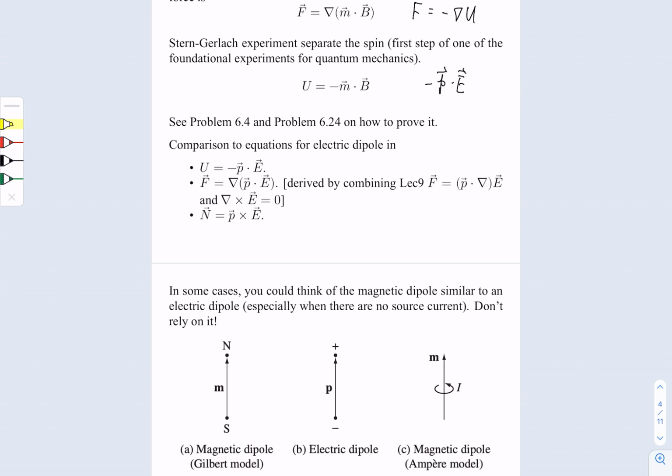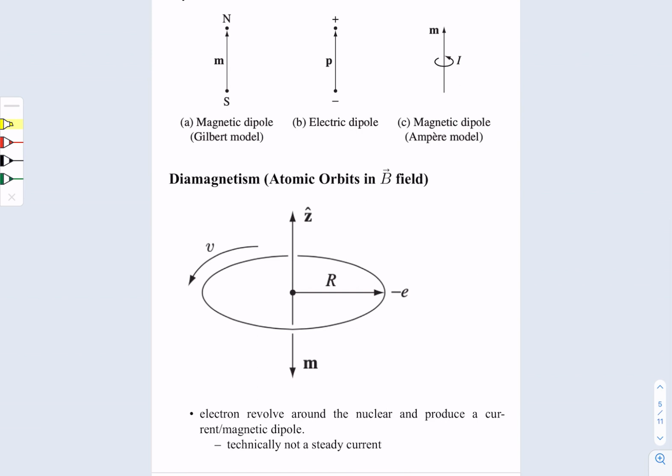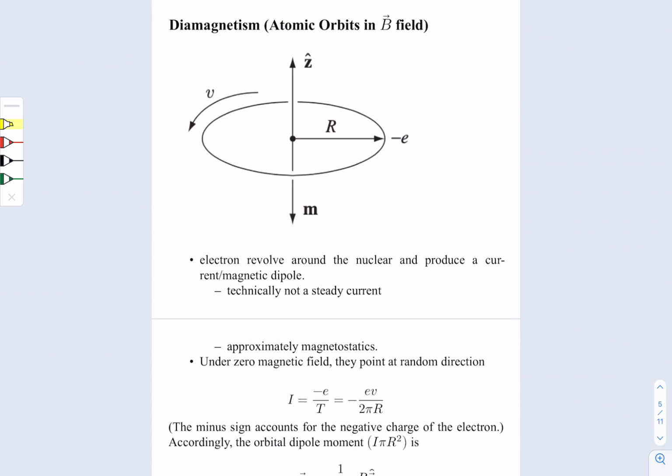Next we will discuss the diamagnetic materials, which cannot be explained by this simple electron spin. For a diamagnetic material, we have filled electron spin orbitals. So a spin up is always paired with a spin down, and the total M produced by the atom is always 0.